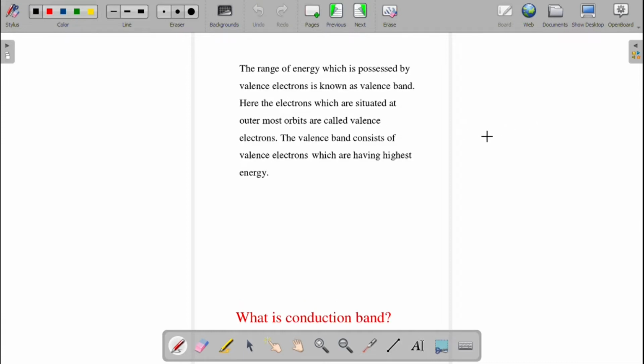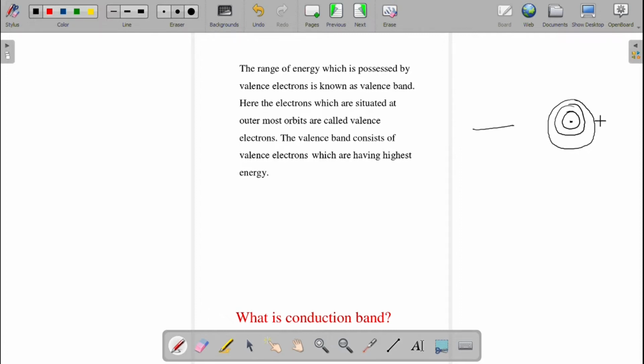So I said valency band and conduction band. Actually, in all atoms, we will have energy levels. For example, this is the atom. So here the nucleus will be in the center, and then we will have different orbits. Okay, so the electrons revolve around the nucleus in different orbits. Just one example I have taken. Here the third orbit is the last orbit.